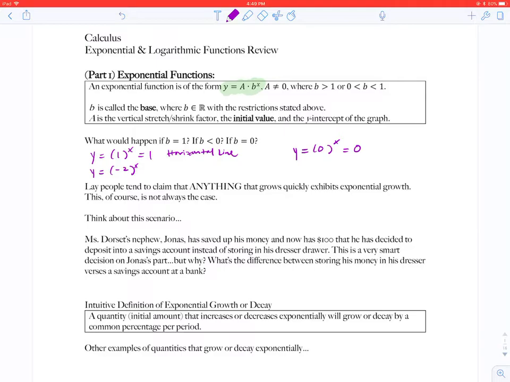And then if we thought about substituting negative 1 in for x there, we would end up with 1 over 0 raised to the first power. If we substitute negative 2 in, that would be 1 over 0 raised to the second power, which those values are undefined. So if 0 is the base, the graph of that is actually just a horizontal line that's only defined for x strictly greater than 0.